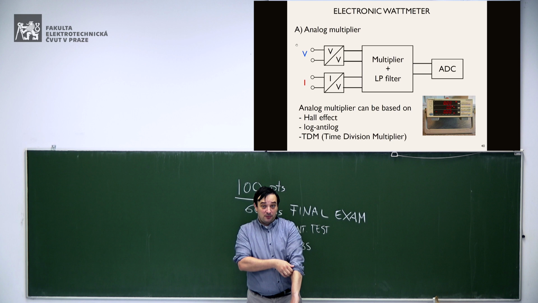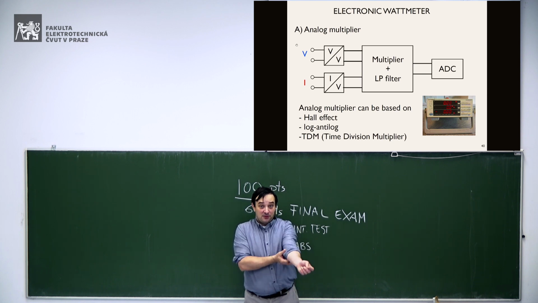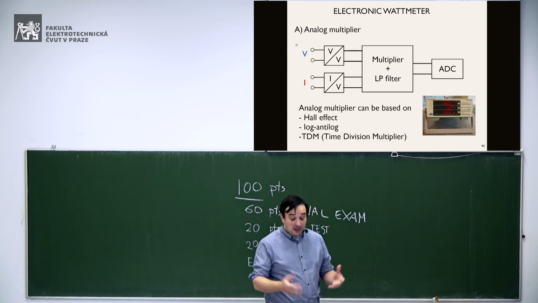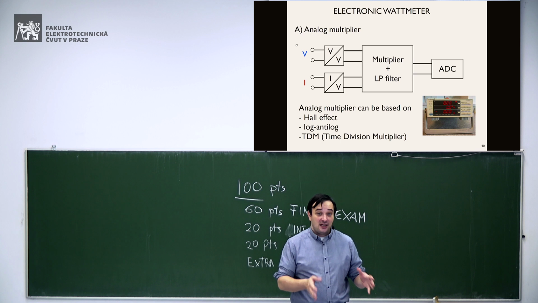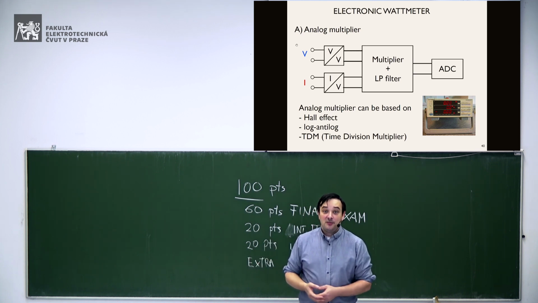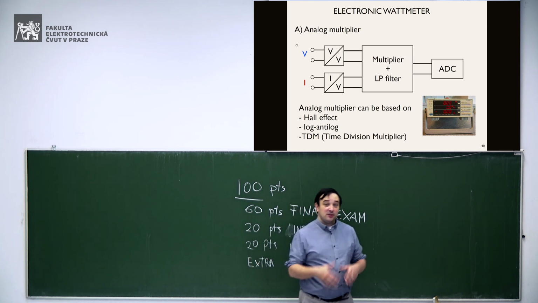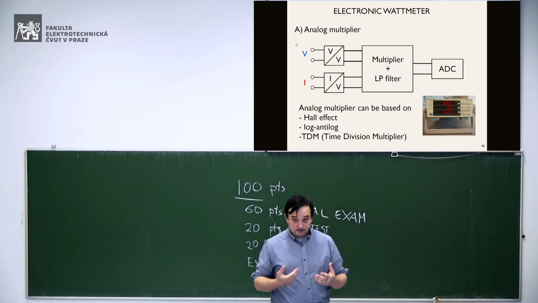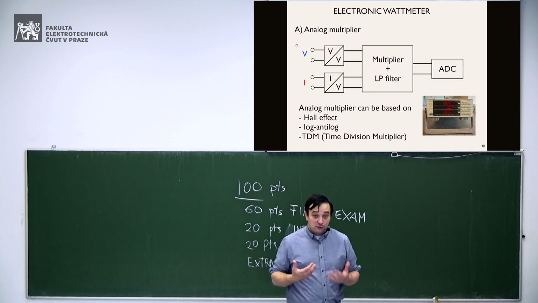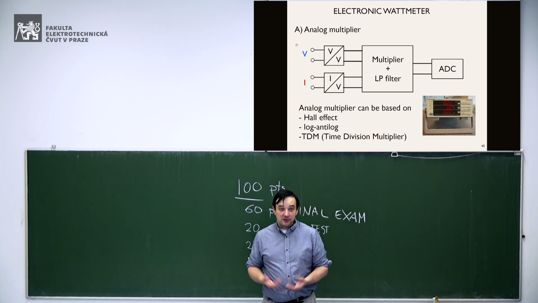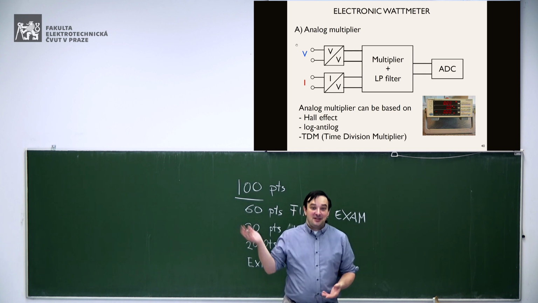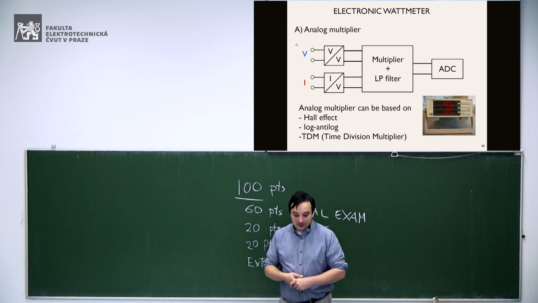Of course, it's not so simple as it looks, because you cannot simply multiply the samples that you get from digitizing the current and the voltage, because otherwise you don't have enough samples. So you have to do something else, and that was your task, to find out what you should do with those samples of current and voltage. Of course, the alternative is to sample at higher speed, and then you can simply multiply, and Bob's your uncle.